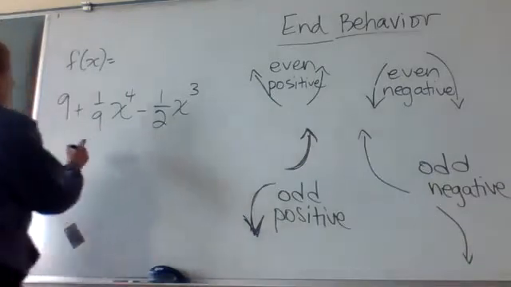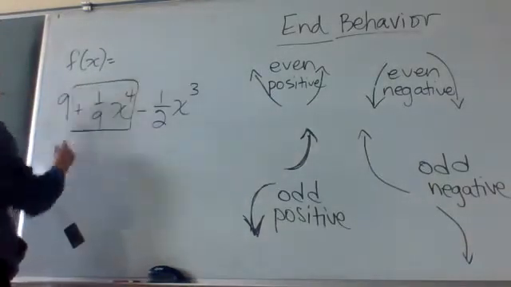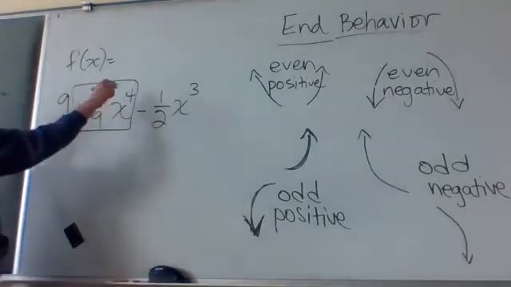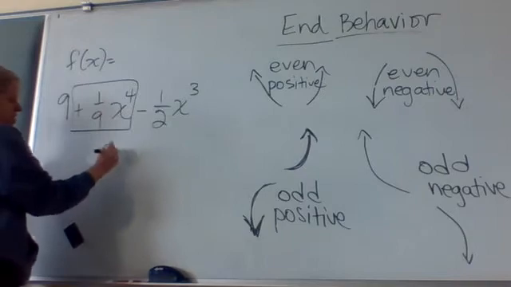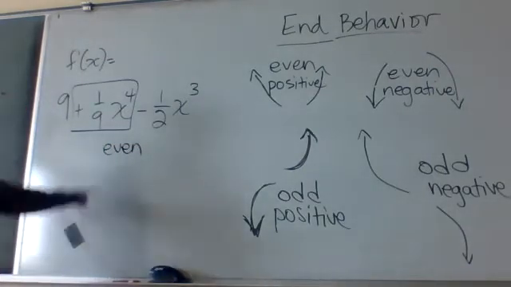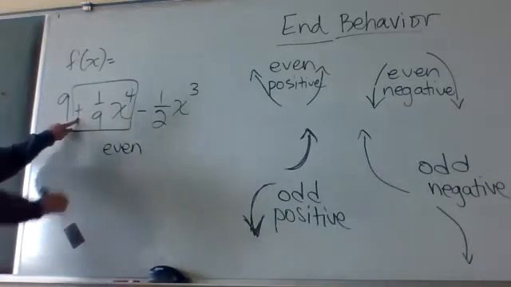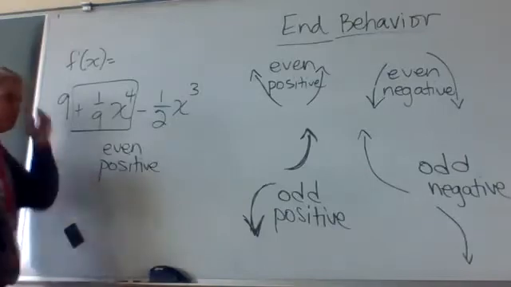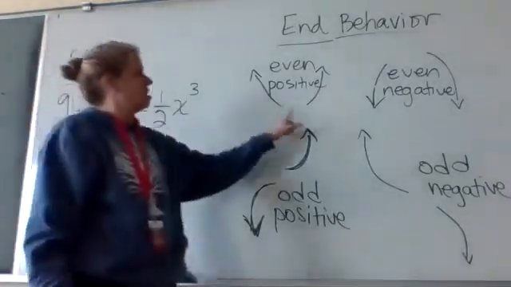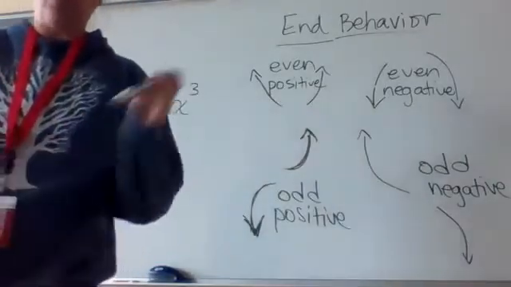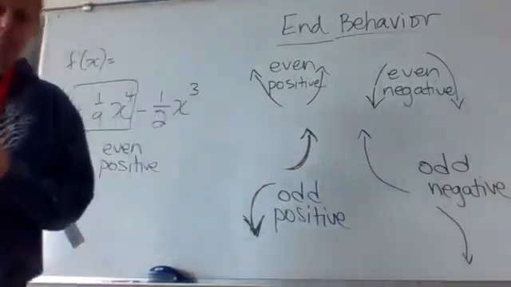So finding the term that has the highest exponent, which is the middle term on this one. And then again, you just look at the exponent. Since it's an even number, it's going to have an even end behavior. And it is positive. The term is positive. So even end behavior that has a positive coefficient is going to both go up.